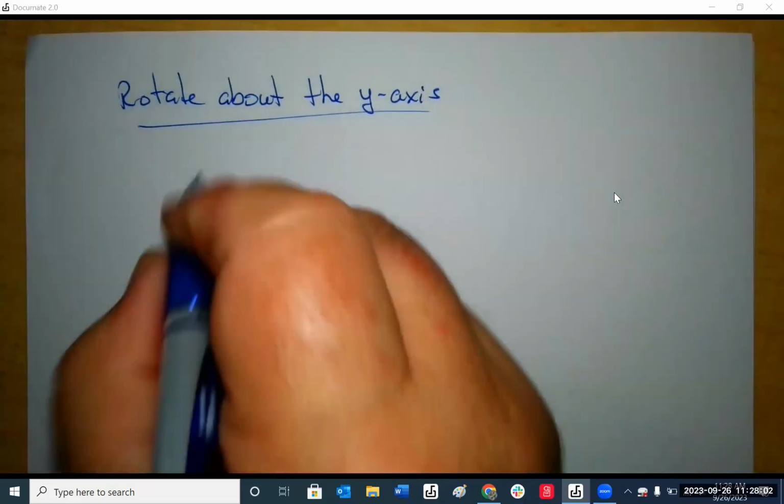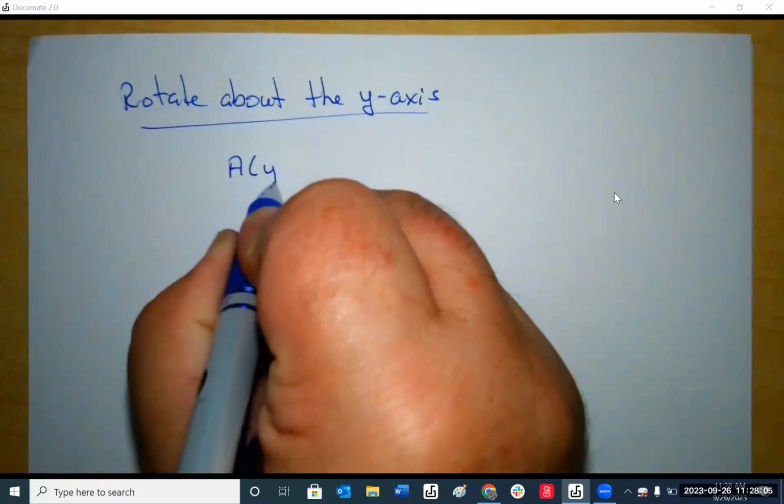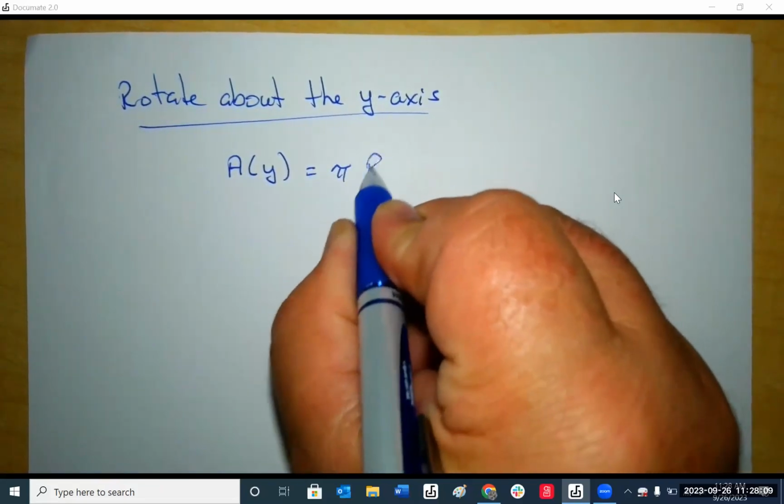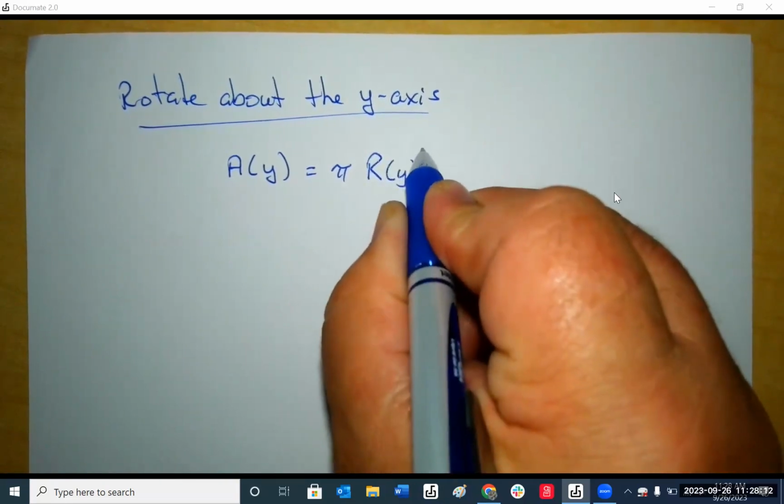If we rotate about the Y axis, our area now becomes A of Y, which is pi times the radius with respect to Y, squared.